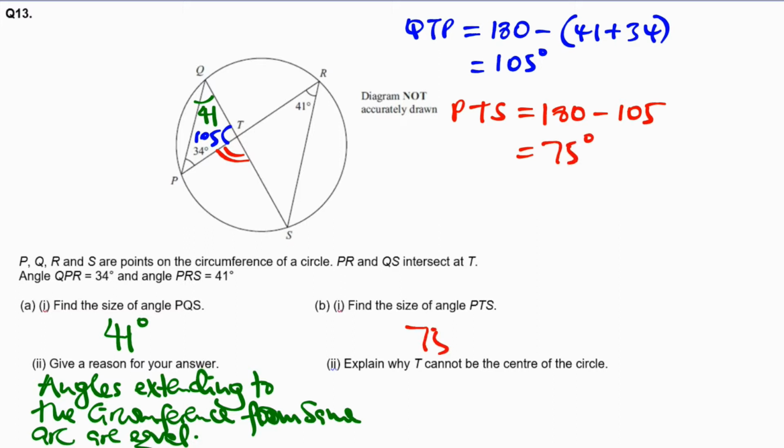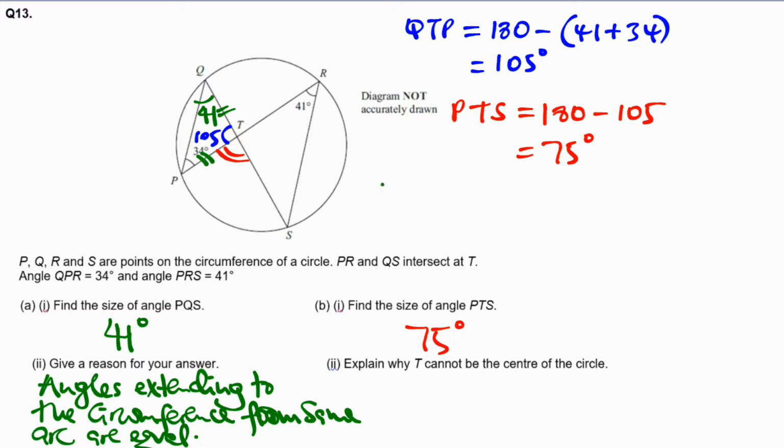So this will be 75 degrees. Then we are asked to explain why T cannot be the center of the circle. Just remember that if T was the center of the circle, then this will be equal to that.